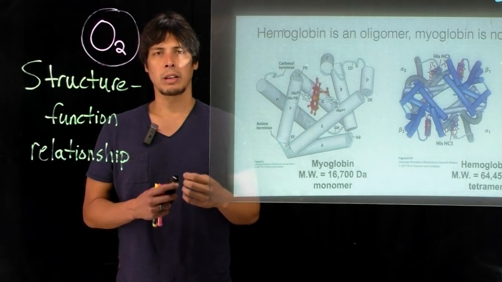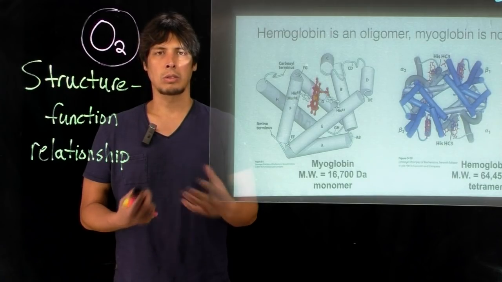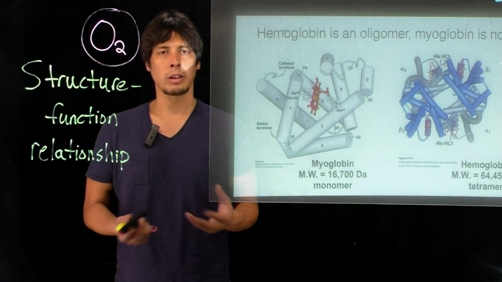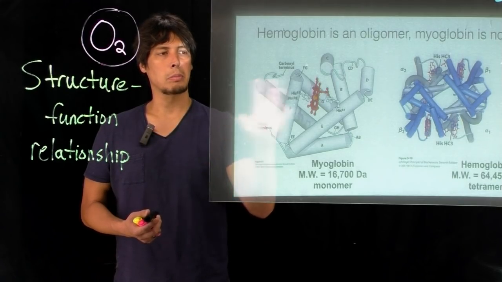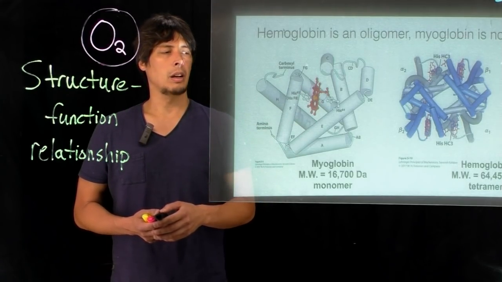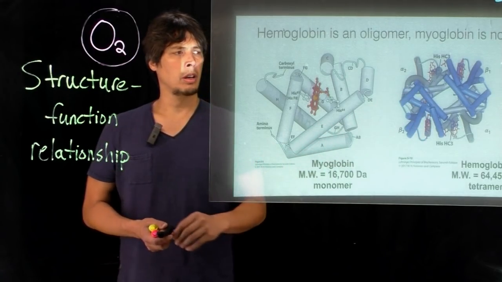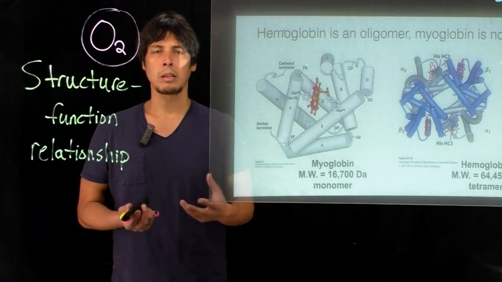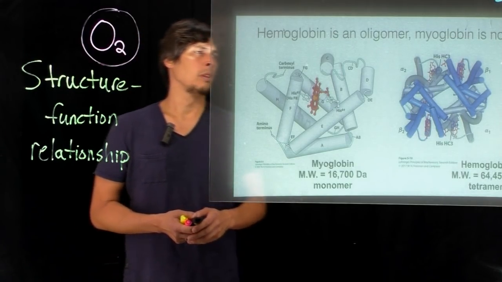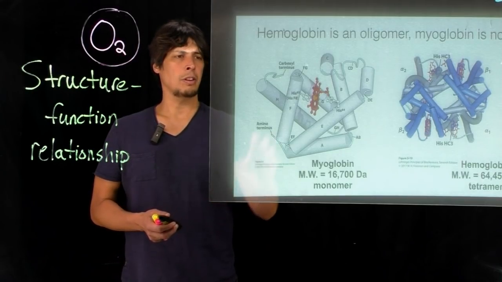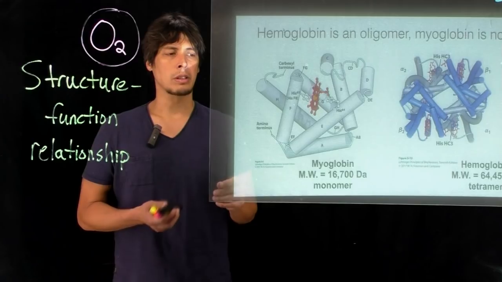Heme is the molecule that causes the red color in blood, and it's also the molecule that facilitates binding of oxygen within myoglobin and hemoglobin. Both myoglobin and hemoglobin have this heme, what's called a cofactor, bound to the proteins. These are very similar binding sites in both of these proteins.